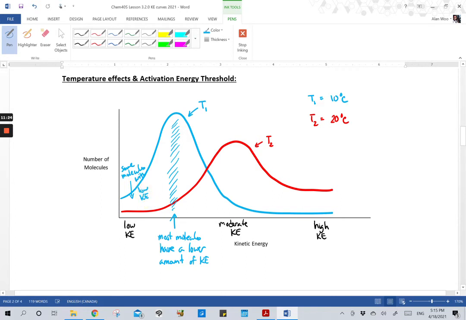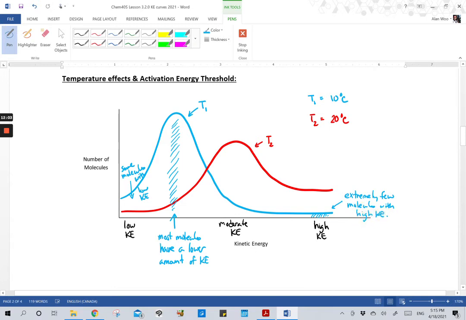Now, at this end, at the high KE end, we can see that there are extremely few molecules with high KE.